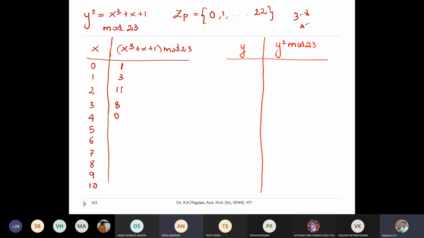Yeah, for 5 it is 16. Okay. For 6, what is it going to be?